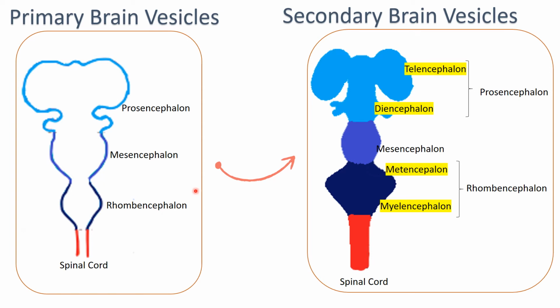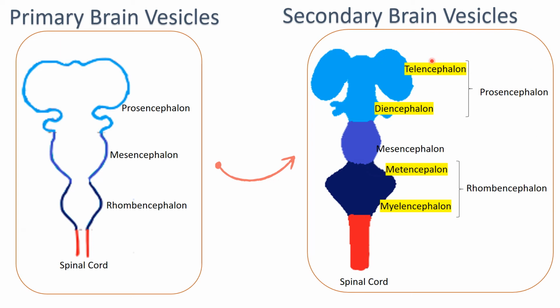Now, as these 3 primary brain vesicles start to grow, by the time we get to week 5 of development, they've developed even more, and eventually these 3 primary brain vesicles become 5 secondary brain vesicles. And how this happens is basically that the region of the forebrain, the prosencephalon, and the region of the hindbrain, the rhombencephalon, split.